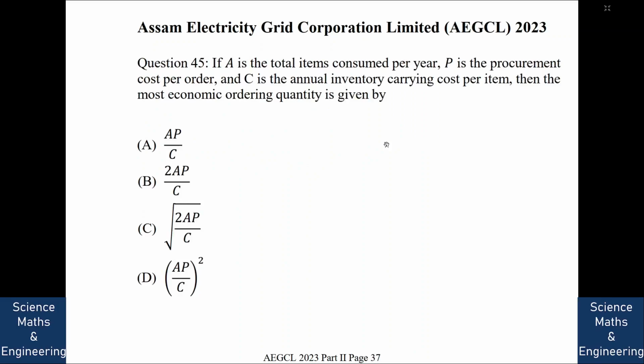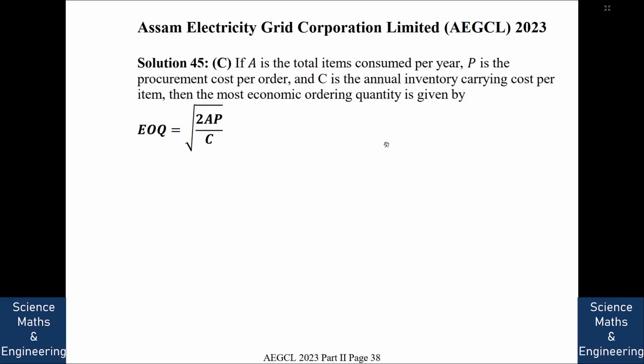If A is the total items consumed per year, P is the procurement cost per order, and C is the annual inventory cost per item, then the most economic ordering quantity is given by root over 2AP by C. Okay, go to the next question.